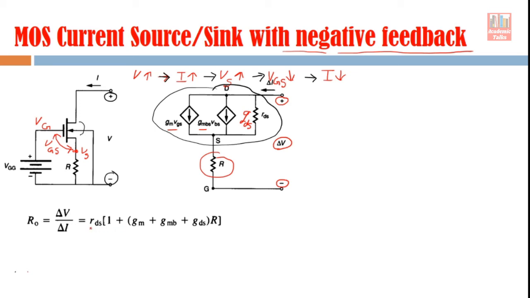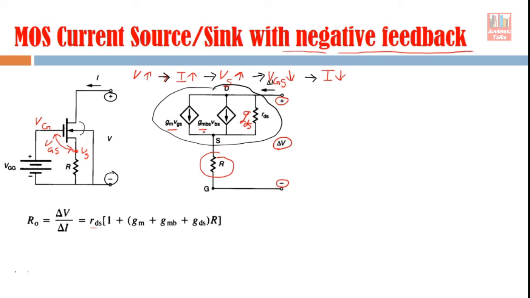So here this RDS is the drain source resistance of this device, GM is the transconductance of the device, GMB is the transconductance because of the bulk voltage, and GDS of course is conductance of the channel, right, and this R is the resistance which is connected here. So after analysis you will find these parameters here, and remember one thing here, we are not ignoring GMB.